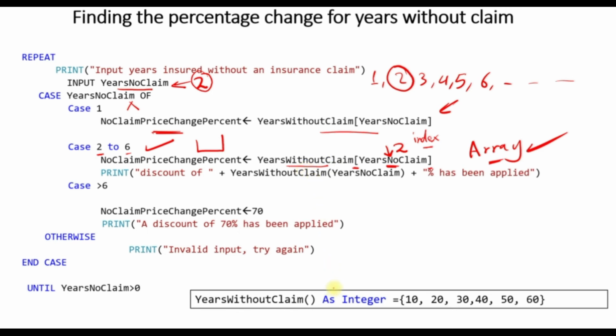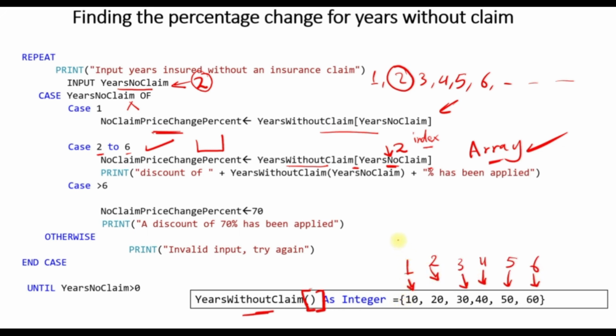Let's recall back the definition here that we did at the beginning of the array, years without claim. Now let's go to the index 2. Okay, this is index 1 in pseudocode, and this is the index 2, index 3, index 4, index 5, index 6. Okay, in pseudocode it starts with 1.